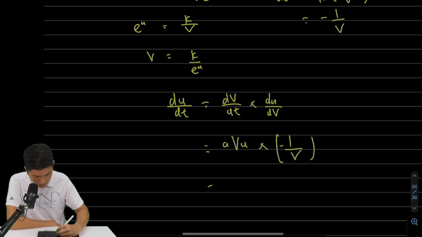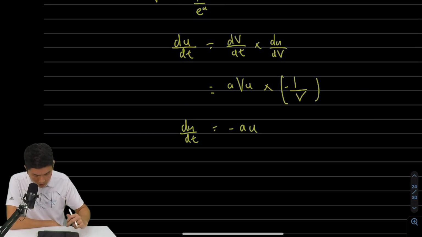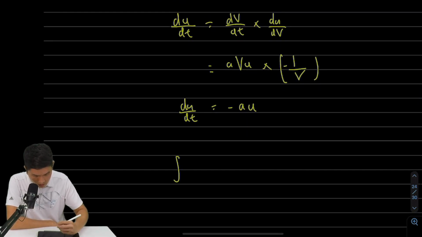So that is a negative au. This is equal to du dt. Then I can say the integral of 1 over u du is equal to negative a integral of dt.